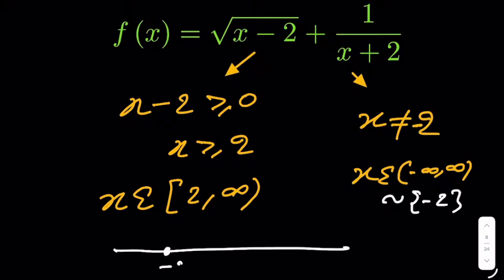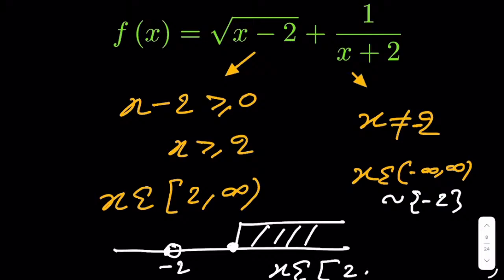Here minus 2 and here plus 2. So 2 to infinity like that one, and here minus infinity to plus infinity. So simply this part. So which option? B is the correct one. Closed interval 2 to infinity is the right answer. So the domain is closed interval 2 to infinity.